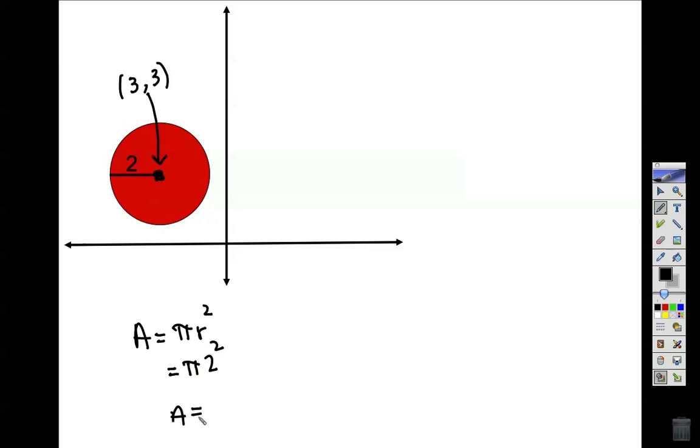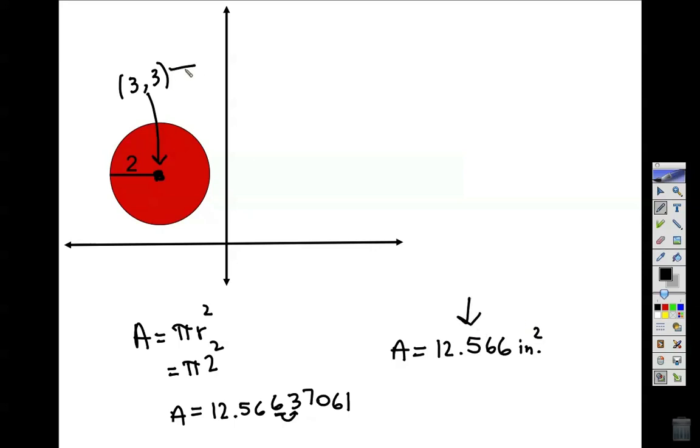So the area is about 12.56637061. Alright, so for this I am going to only use up to the thousandths place. I'm going to be using this number, 12.566 inches squared. Here's what we want to keep in mind, and this ordered pair as well.